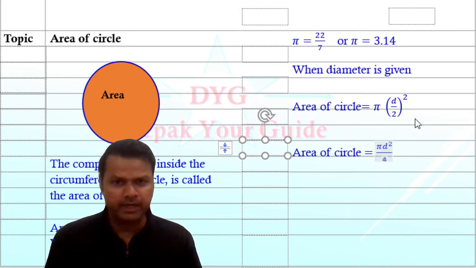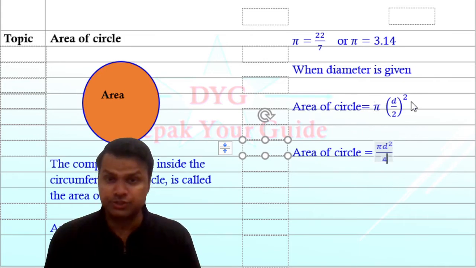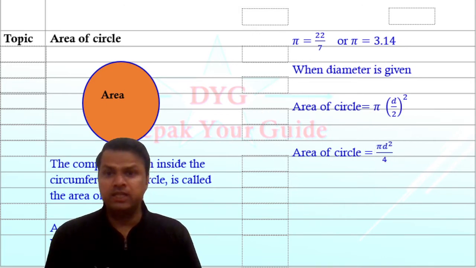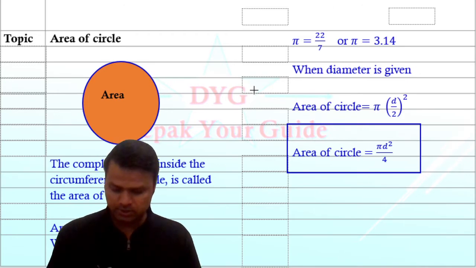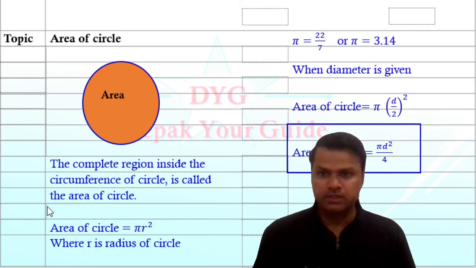Pi is as it is, it's getting multiplied to the numerator d, the square of d is d square, and the square of 2 is 4. So pi d square upon 4. These are the two important formulae that you should remember, and they will be used depending on what information we have in the question. Either this formula will be used, or the one in form of the radius. So let's talk about that also. This is the formula when they have given us the radius.